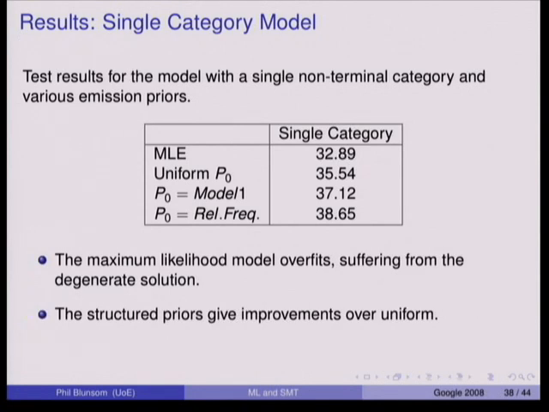And as we add the prior, such as model 1 and relative frequency, we see increases again with the 2 priors giving similar results, slightly biased towards the relative frequency. As I'm saying here, the maximum likelihood model is overfitting, finding very long phrases.